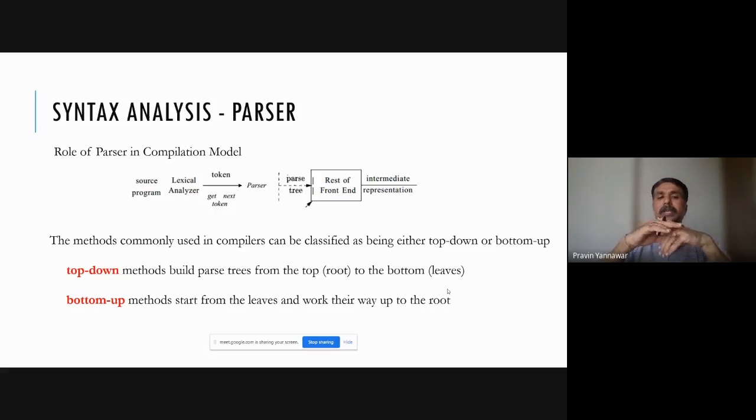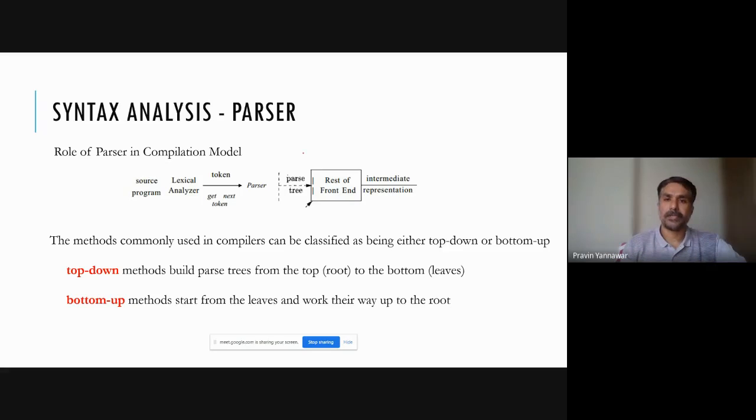Now, in the top-down approach, these methods build a parse tree from the top, that is the root, to the leaves, and bottom-up means building the tree from the leaves to the root. So in bottom-up methods, it starts from the leaves and works up to the root.